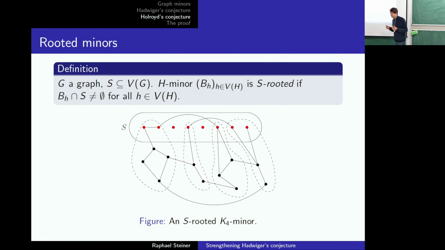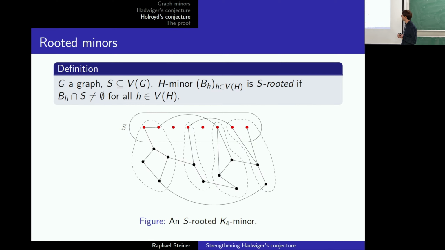Rooted minors are a concept which people have looked at a lot in the literature, and it appears in all kinds of contexts, for example for algorithmics in relation to tree width. It also shows up in the Robertson-Seymour graph minor series, I don't know the details.